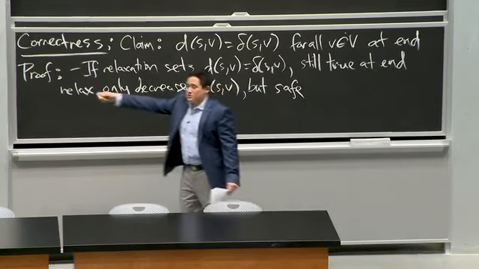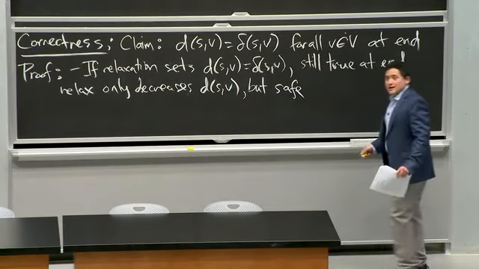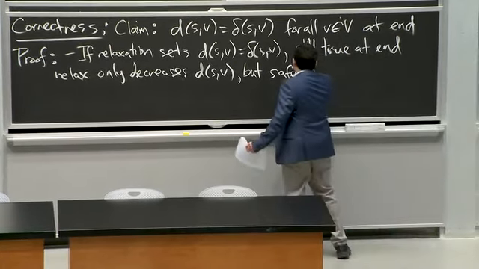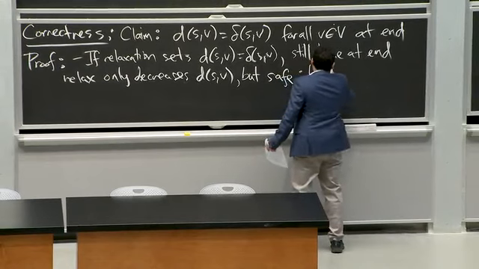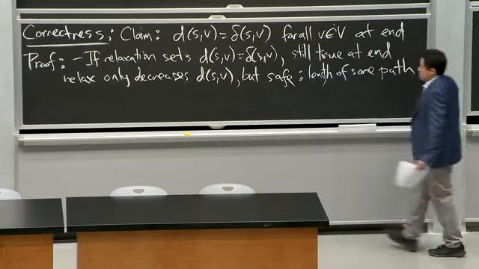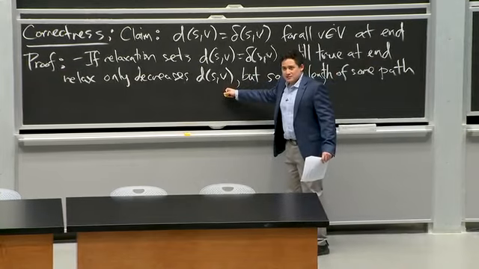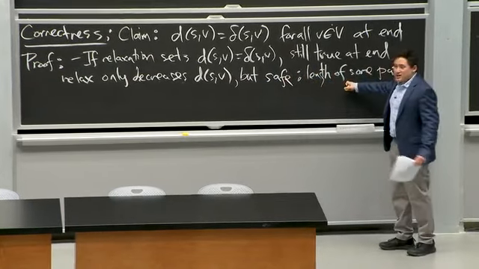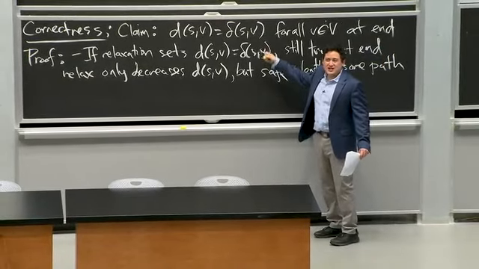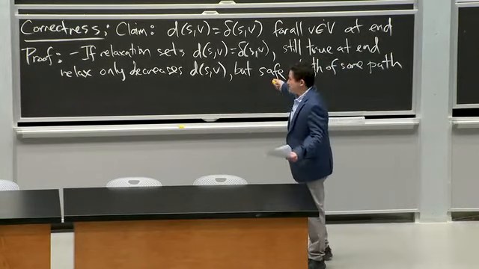There was never a path to my vertex, or it was the length of some path to v. Okay, so what does that mean? It only decreases, but it's always the length of some path to v, right? So if this is the length of the shortest path to v, I could never set it to a smaller length, right? Because there are no paths with shorter distance. That's kind of the whole point.